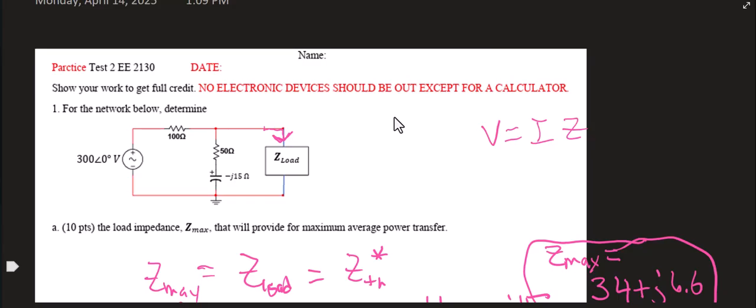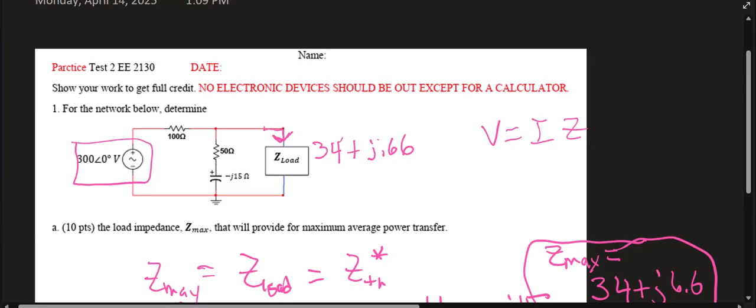Now that I'm looking at this, I know that this was 34 plus J6.6. My voltage over here is 300. And when I was doing this at home, I kept trying to make it 66.